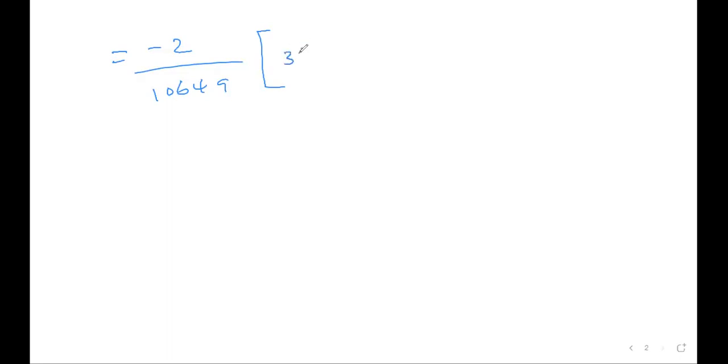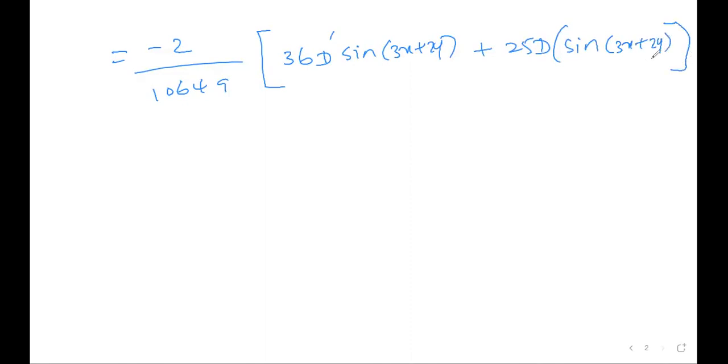It comes like 36d dash of sine 3x plus 2y. Also, we have 25d, which is also sine 3x plus 2y. I'm just cancelling the bracket. So we can show it like this. That's all we can do.